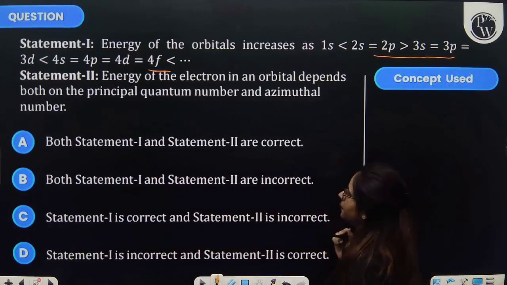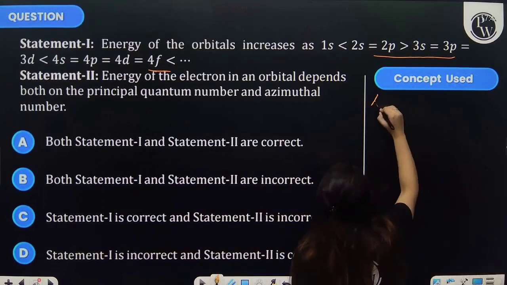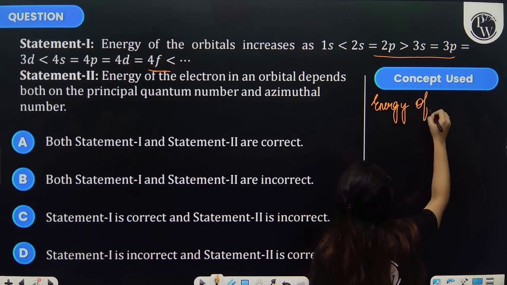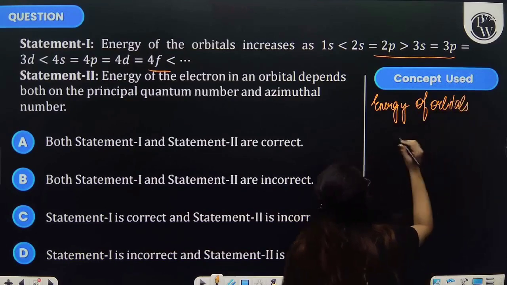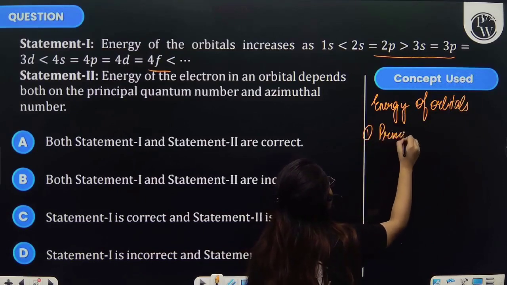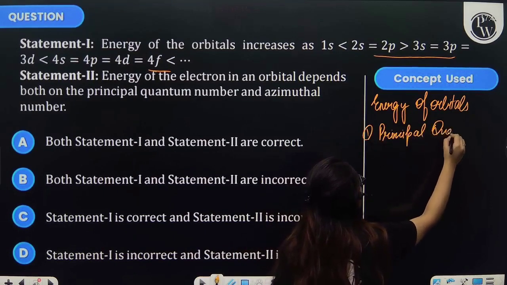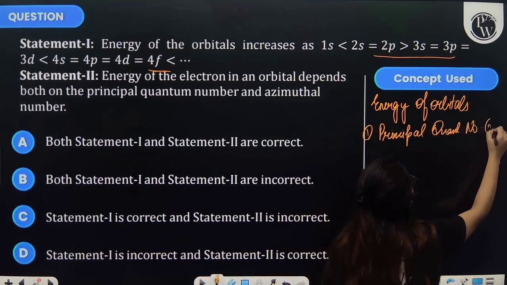Firstly, the key concept that we will be using here is the energy of orbitals. It depends on the principal quantum number, that is n.